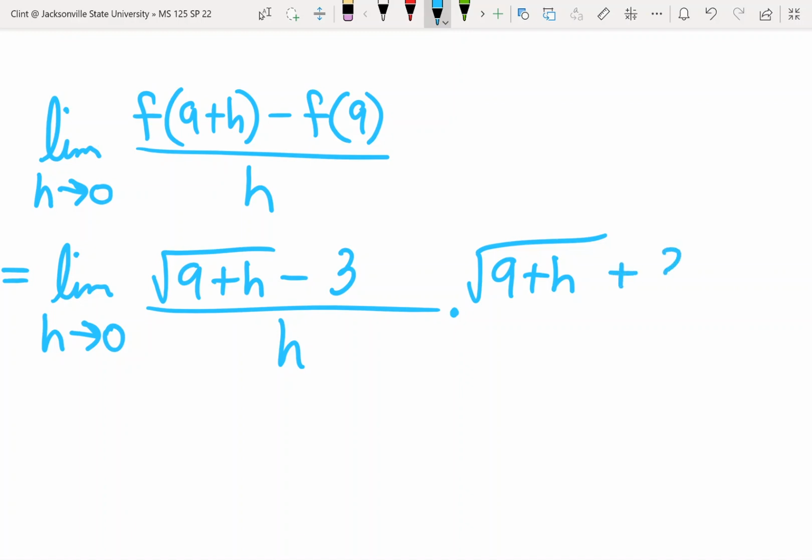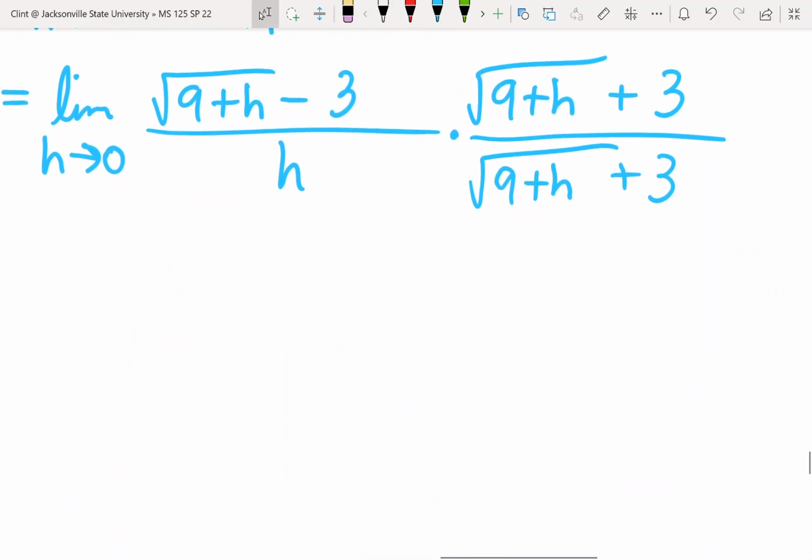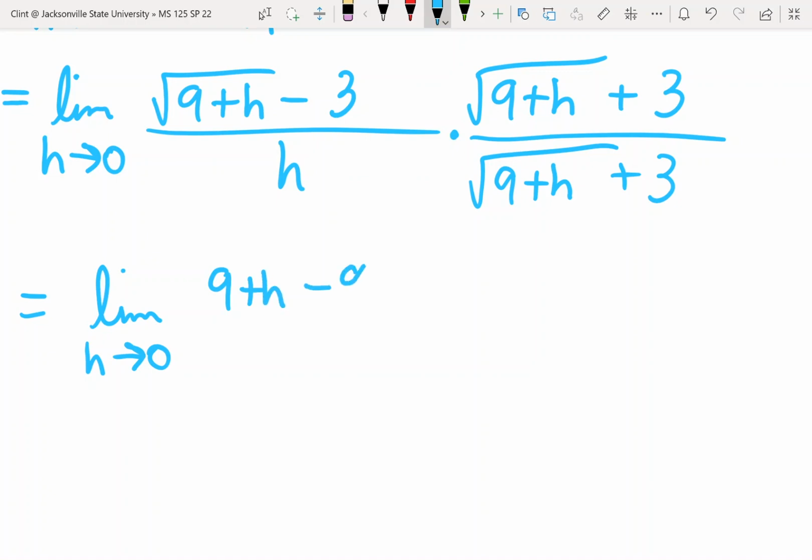I didn't mean to give you one this messy. I just wasn't paying close enough attention. So then, what do we get there? That'll be 9 plus h minus 9 over h times this.